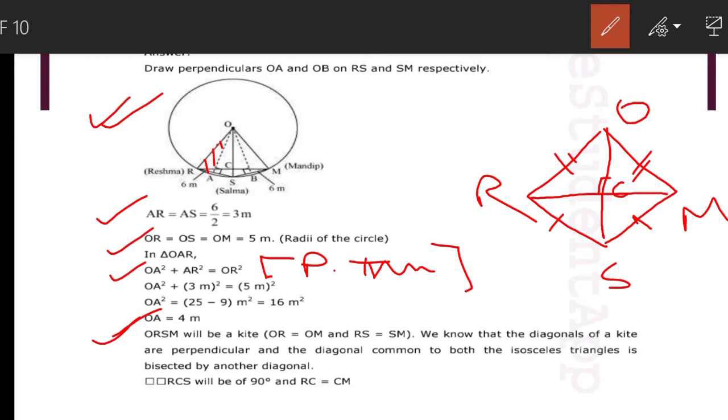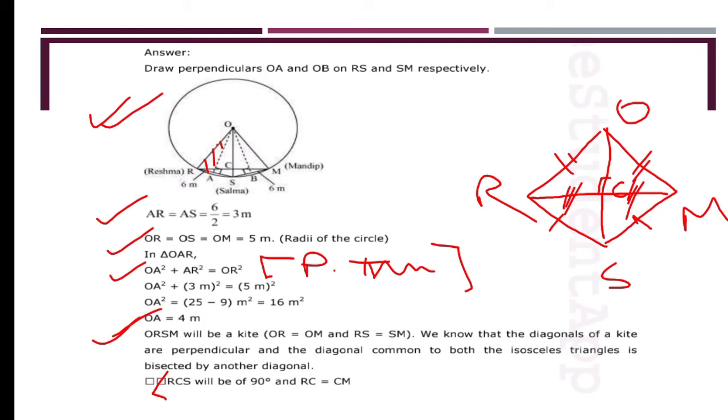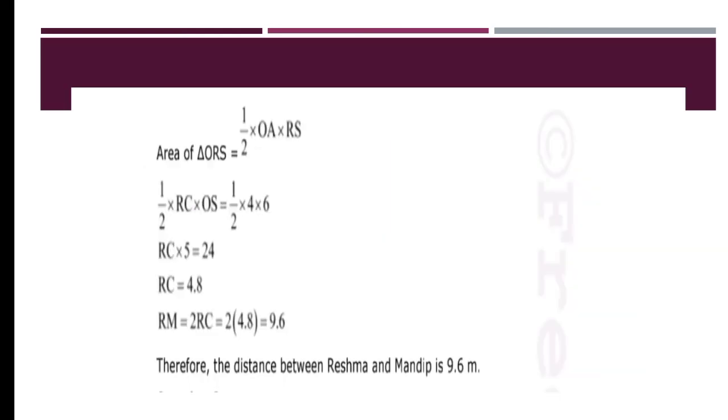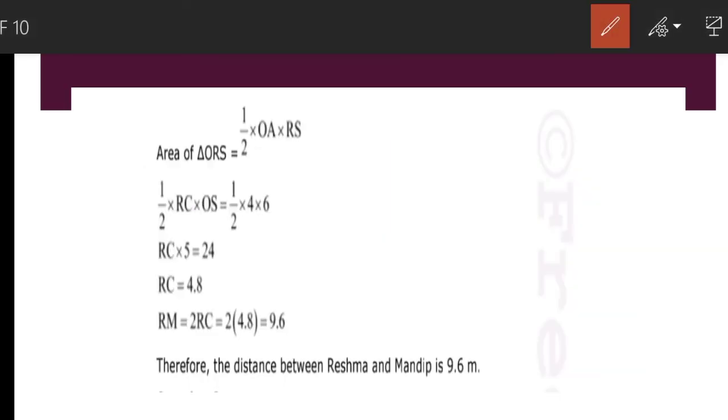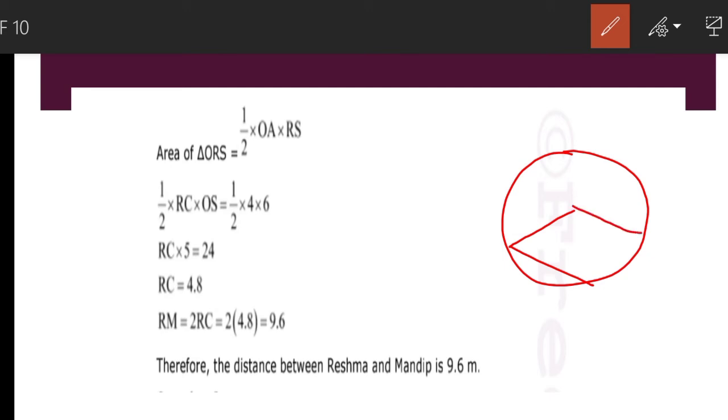So this point, which in the diagram is given as C, is at 90 degrees. This implies angle RCS will be 90 degrees and RC is equal to CM. We get this from the kite. So we know how to find the area of a triangle ORS. ORS was like this. I'm drawing the ORSM. So this is C and this is 90.